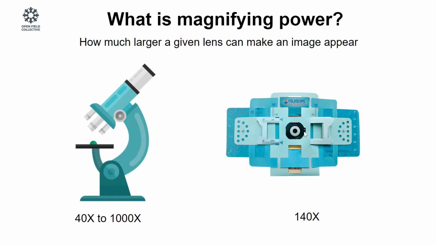And one way to acquire images with a foldscope is to stick it to your phone lens. So you can exploit the lens your phone has and the magnification power it has. It's just going to keep on multiplying based on how powerful your foldscope is, but also how powerful the lens in the phone is to make those images.